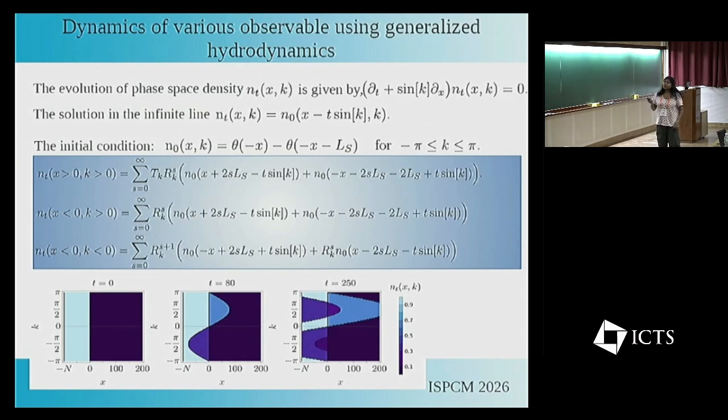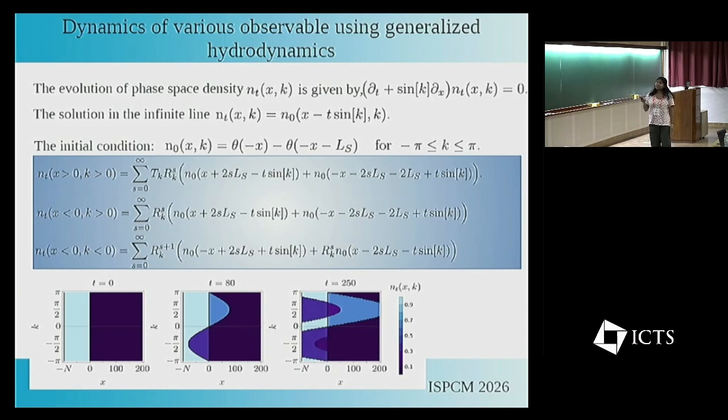We can also calculate the dynamics of various observables using generalized hydrodynamics. We can think of the system as a gas of quasi-particles with fixed momentum k, and we can look at the evolution of the phase space density. For the free fermionic case, it follows the Euler equation, where sin k is the group velocity of the quasi-particles.